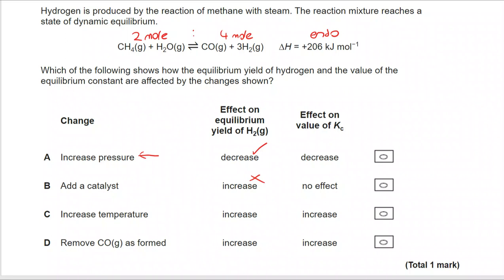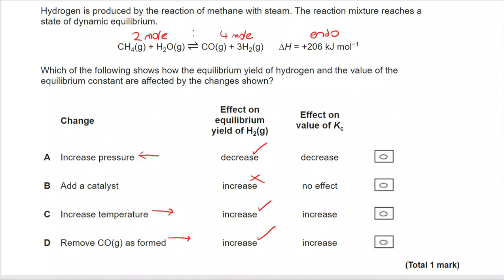If I increase temperature, that will favour the endothermic reaction. And that means that I am going to end up with more H2. And if I look at removing CO as it's formed, if I remove CO, the system's going to try to make it. The equilibrium shifts to the right, so that's going to increase H2 as well. So there are 3 possible answers now.